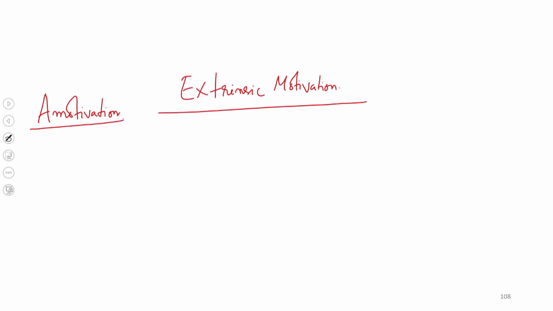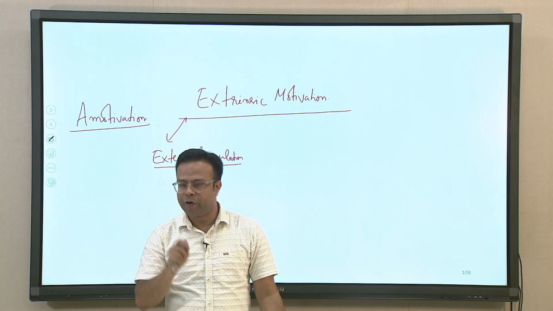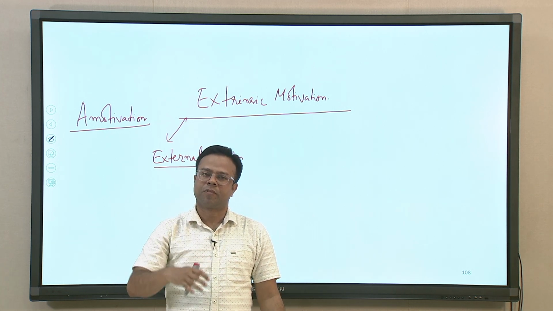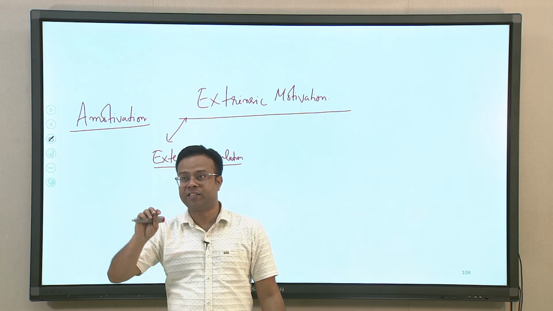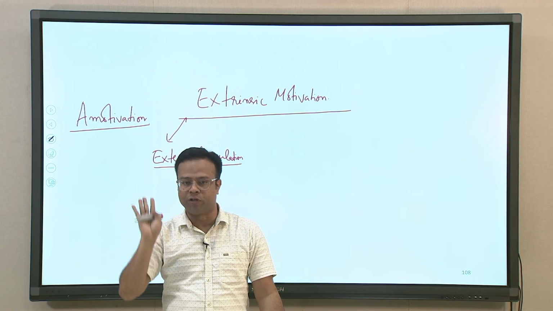The first one is external regulation. This is a typical case of extreme extrinsic motivation. Here the person will only do a task when there is a very strong pressure or a very strong greed for reward; only then will the person do the task.